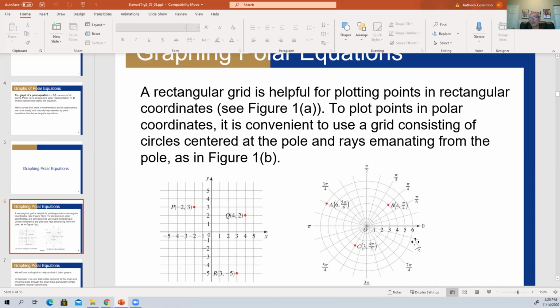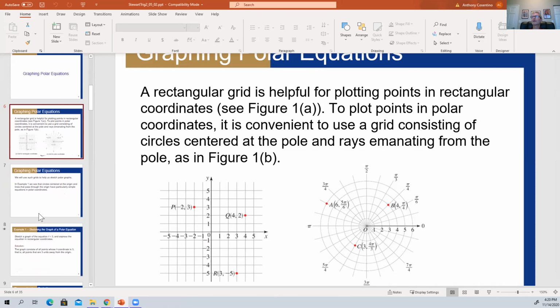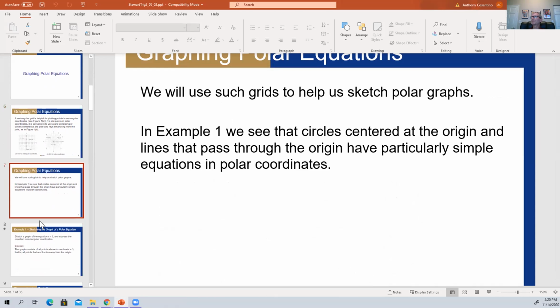I typically split it up into just pi over 4. But you can see this paper has the 30 and the 60 degree, right? Pi over 6 and pi over 3 as well.